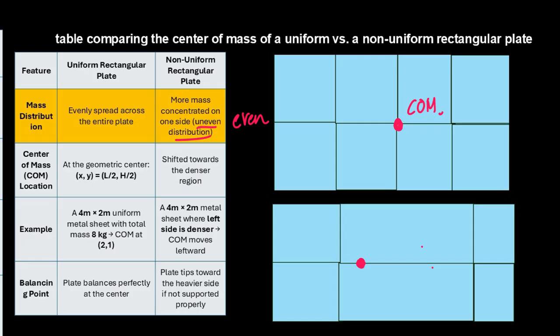So this is the center of mass of even, and this represents the center of mass of uneven distribution, which has shifted by this length over here. I hope that makes sense.